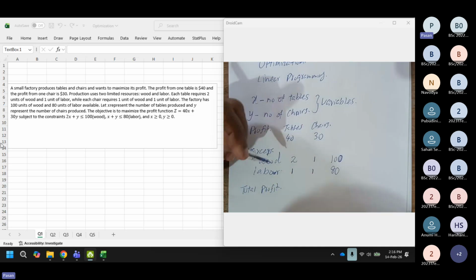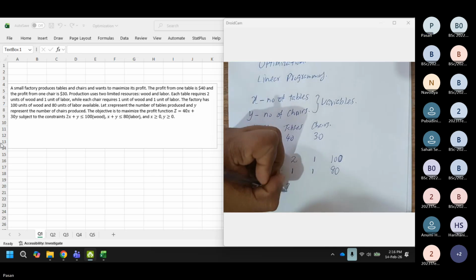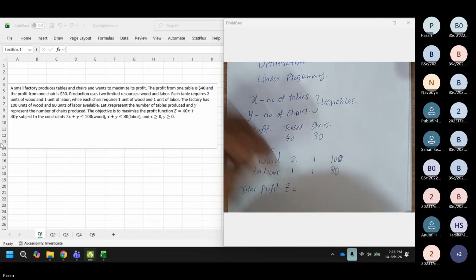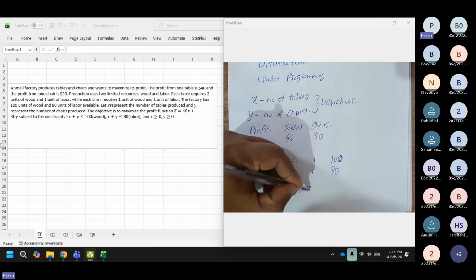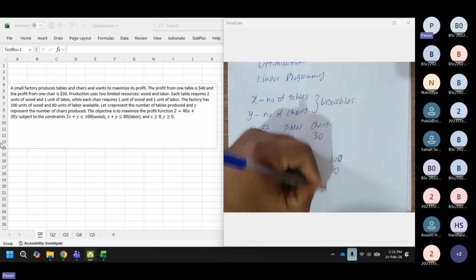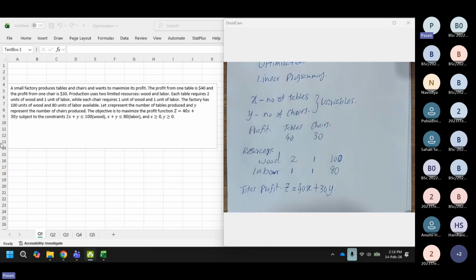So the total profit I can define as Z equals 80 times X plus 30 times Y, right? If you just produce the tables, then Y is 0, and vice versa. So you can define how many tables and how many chairs you can produce.